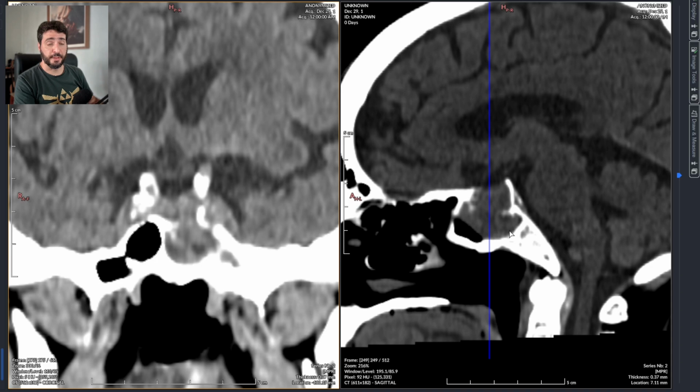So this could be a squamous cell carcinoma going towards the hypophysis gland, or it could be a chronic aggressive fungal infection of the sinus going and taking over the hypophysis gland. And also it could be a primary neoplasm of the hypophysis going downwards into the sphenoid sinus, eroding the floor of the sella.